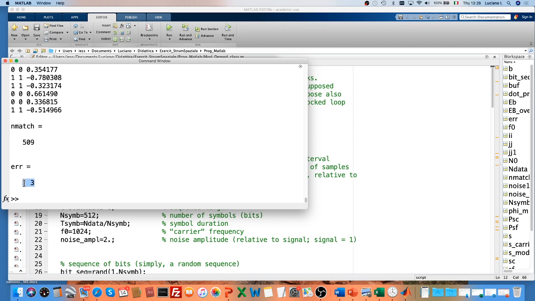We have a different structure of the noise, different realization of the noise. So no surprise. Okay?